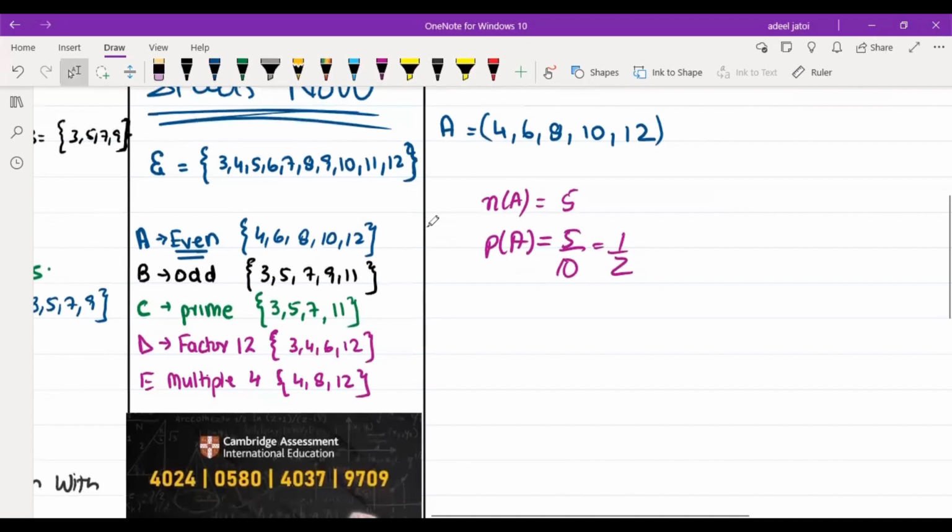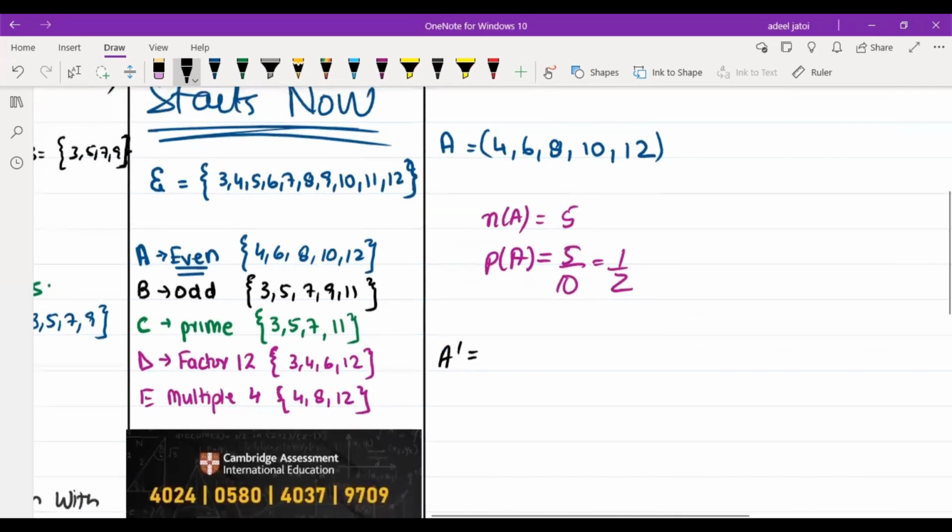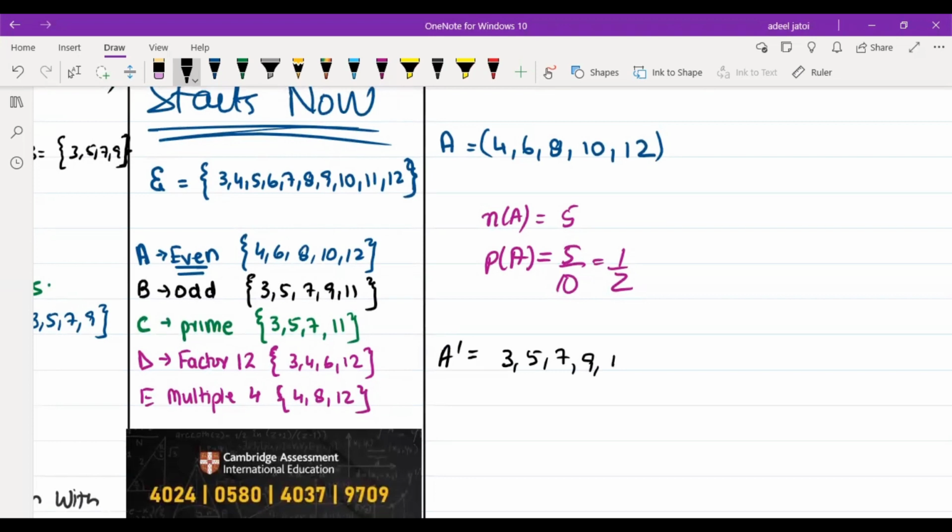But if the question would have asked to write down a complement, so if all the even numbers are there, other than the even numbers, your A complement set would be 3, 5, 7, 9, 11. So this will become your A complement: 3, 5, 7, 9, and 11.